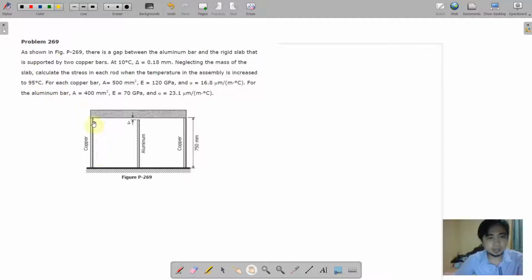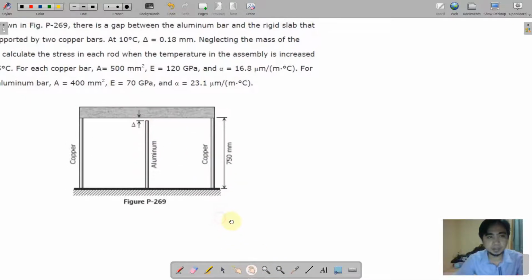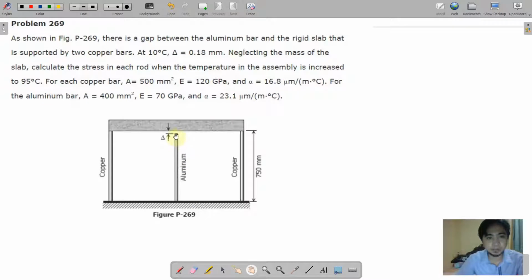As we can see in the figure, the platform is being supported by three rods: copper, aluminum, and another copper. The central rod has a gap on the platform, a space between them. The initial temperature is 10 degrees, and eventually it will increase to 95 degrees Celsius, and the properties are given.